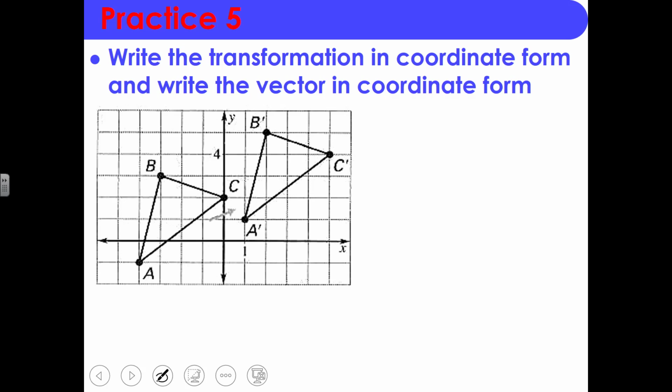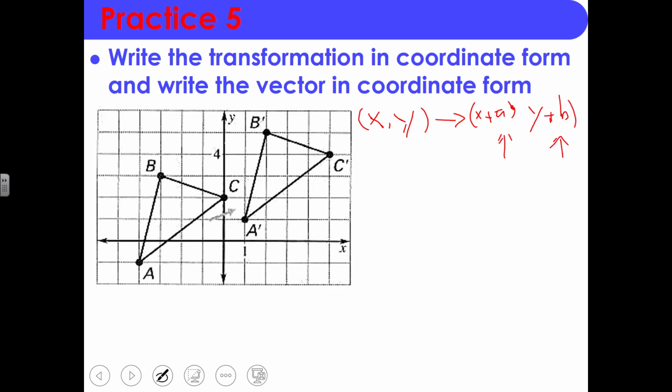In this practice problem, you need to write the transformation in its coordinate form and write it in its vector form with the components of the vector. In other words, one time you need to determine, if you had (x, y) changing to (x + a, y + b), what those a and b values would be.